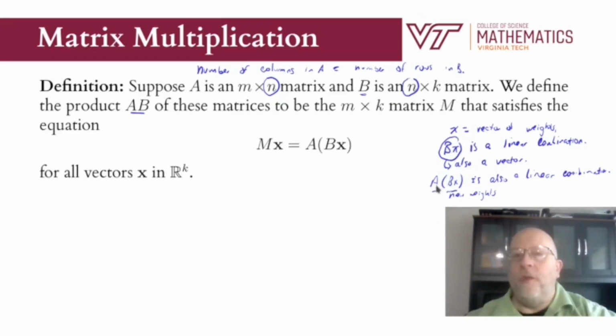What we want to do is compute the matrix that works with the original weights. So what matrix works with the original weights so that we can have a single linear combination that does what these two linear combinations do.